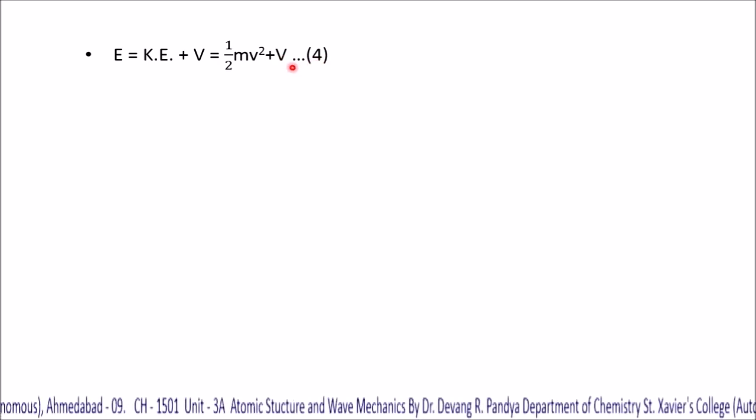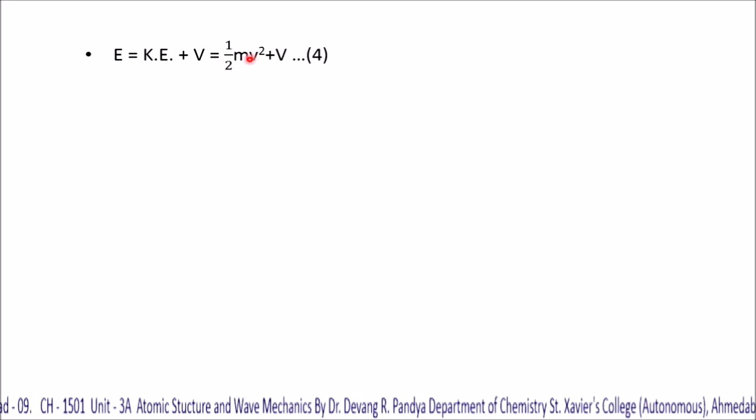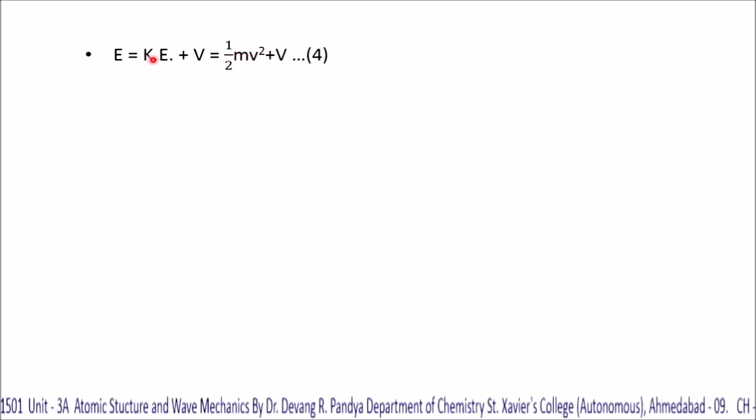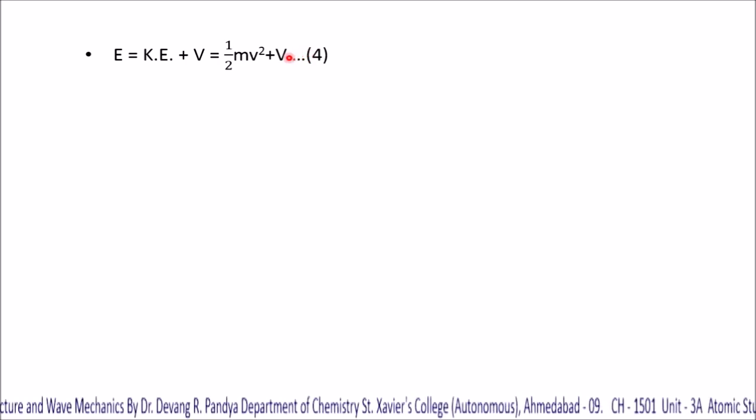In this equation 4, m is the mass of the electron, v is the velocity of the electron, and mass and velocity squared with its half value represent the kinetic energy, while the big V represents the potential energy.